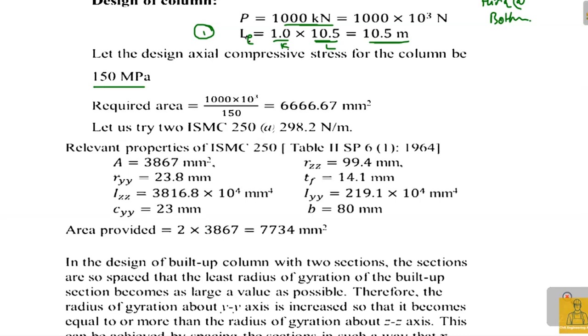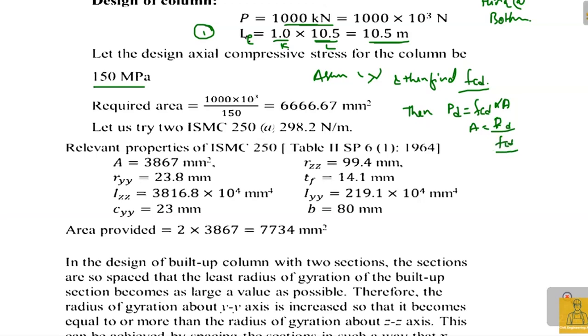See here, actually in the design process we have discussed the step 2 has to be assume lambda and then find FCD and then PD, which is equals to FCD into area, or area is equals to PD by FCD.